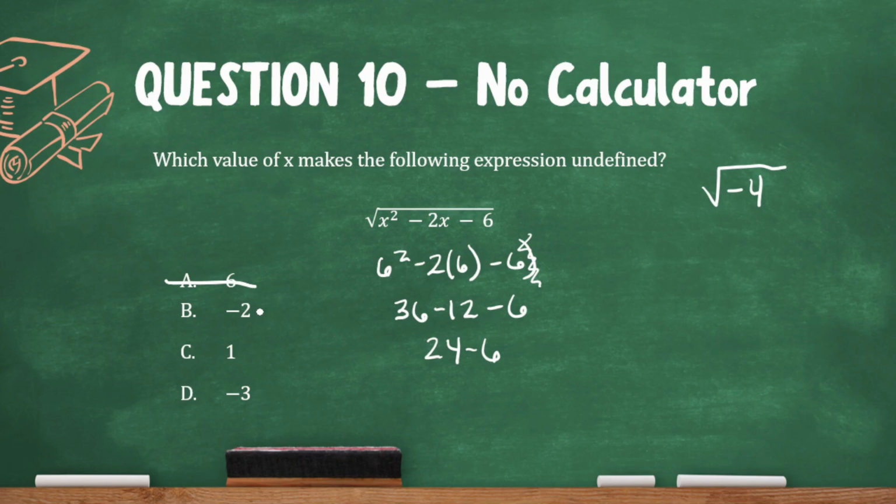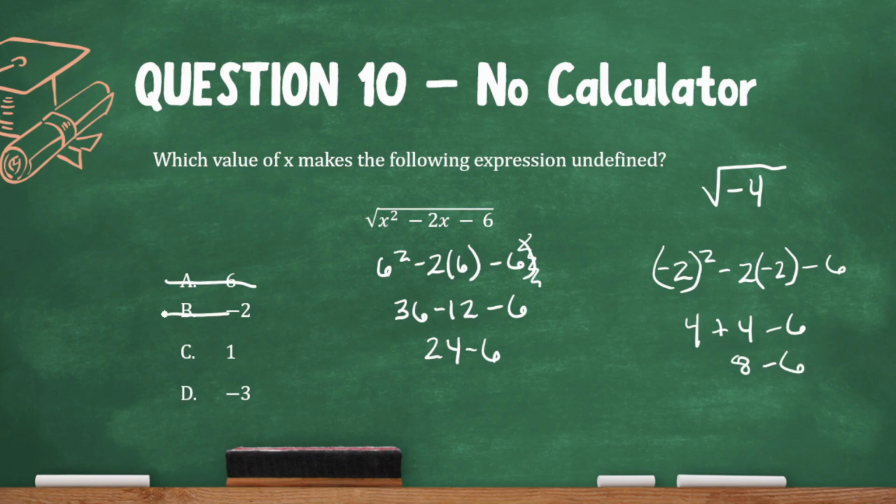Let's try -2. So -2 squared minus 2 times -2 minus 6. -2 squared is +4, and then -2 times -2 is +4. And 8 minus 6 is 2, so that's also a positive value that we get.